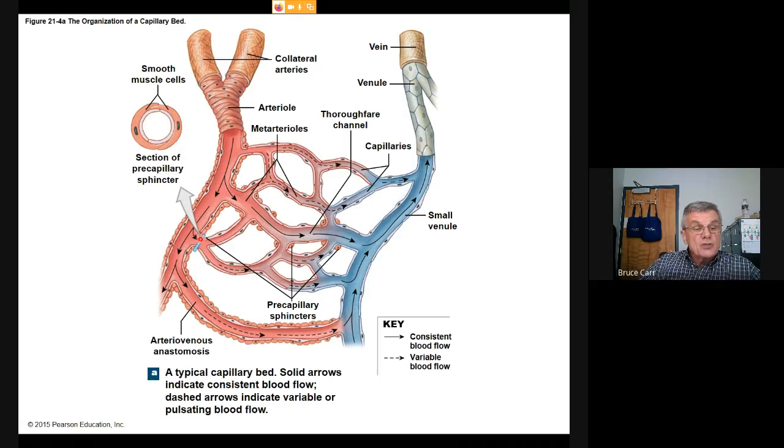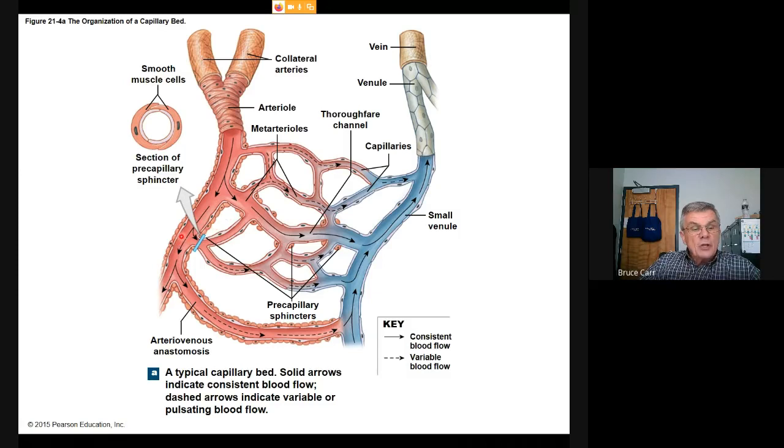See how this is departing from the arteriole and entering this capillary bed, which is more like a net. This is a collateral, this is a through channel. Notice this allows kind of direct flow and less exchange. This allows an alternate path.